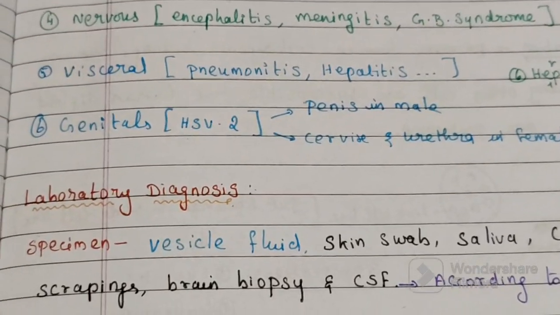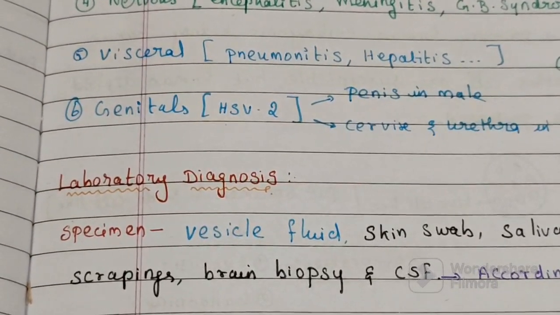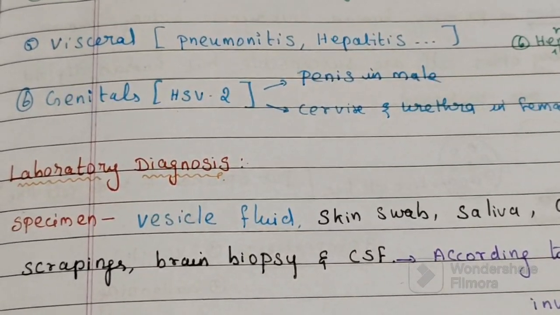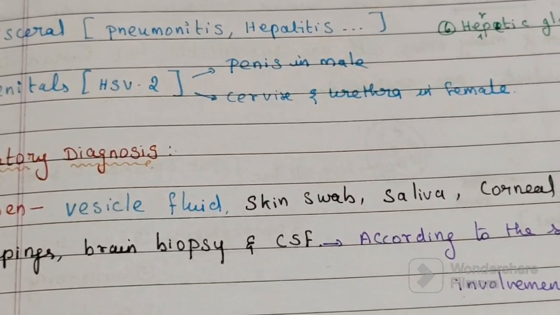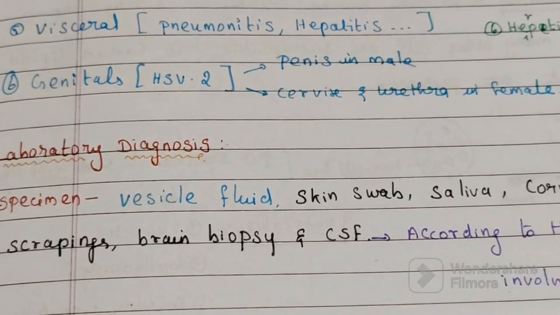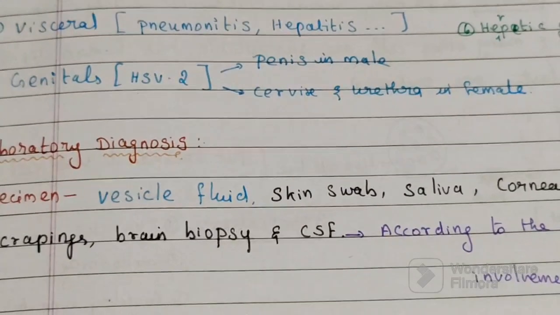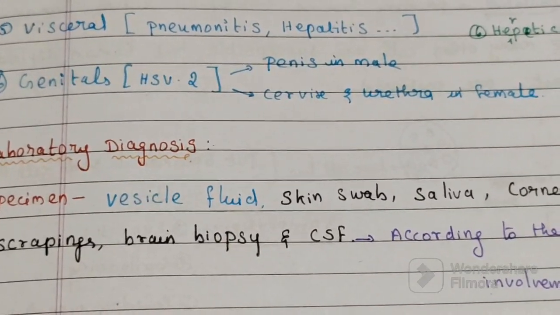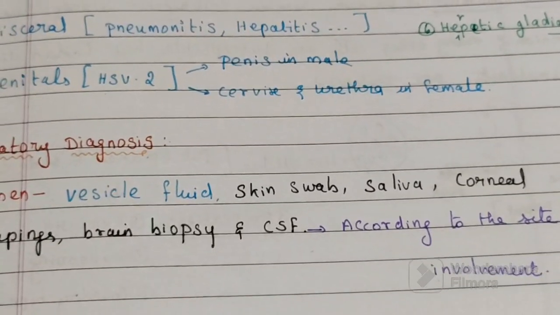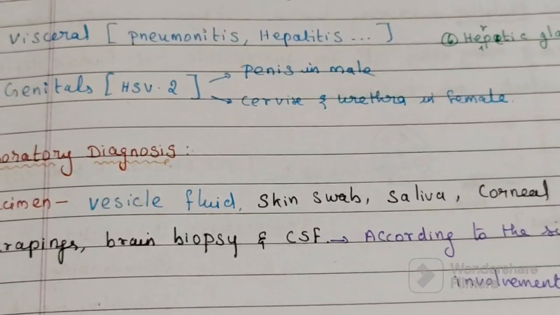Next, coming to laboratory diagnosis. Specimens include vesicle fluid, skin swab, saliva, corneal scraping, biopsy and CSF, according to the site of involvement. Depending upon the site of infection, the specimen may be anything.